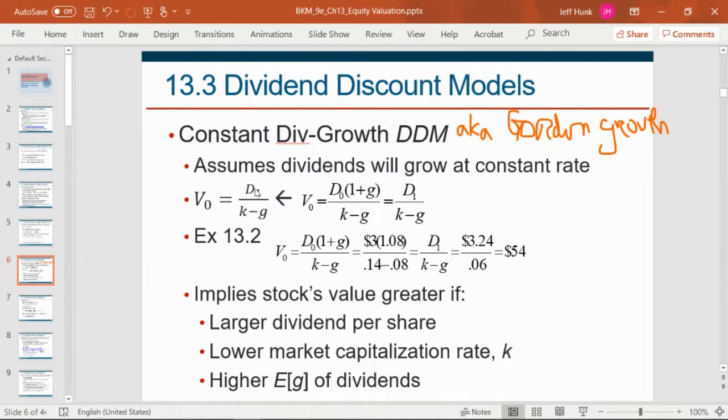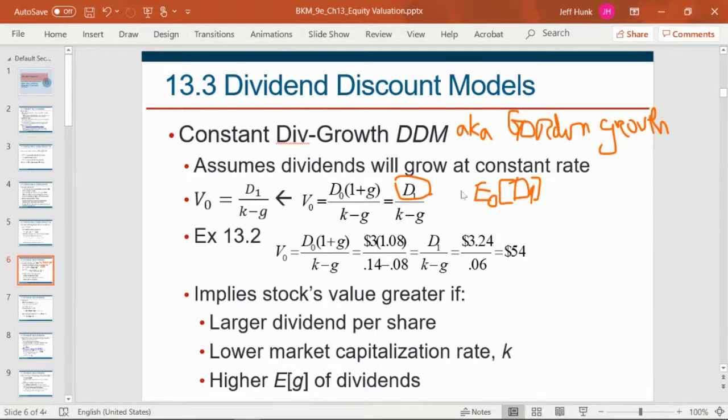Of course, it is not exactly D1, it is actually expected D1, which is expected at time 0, because you're making a one period forecast.